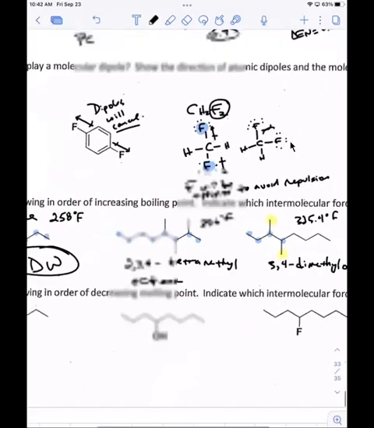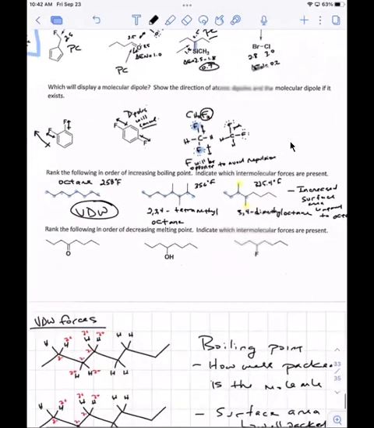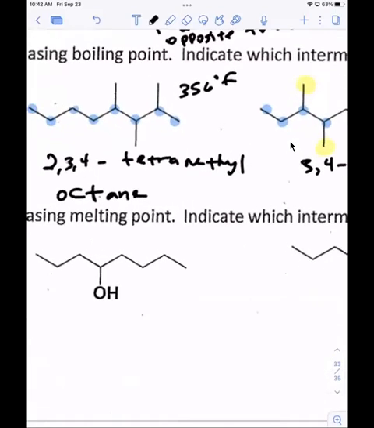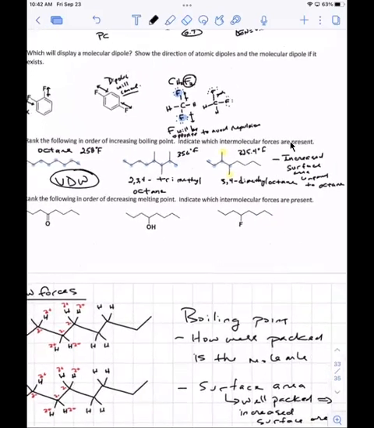Now if we compare that to the third one, what do you think? Because the boiling point actually went up, didn't it? It's 325 for 3,4-dimethyl octane and 356 for 2,3,4 trimethyl octane. How can we explain that?